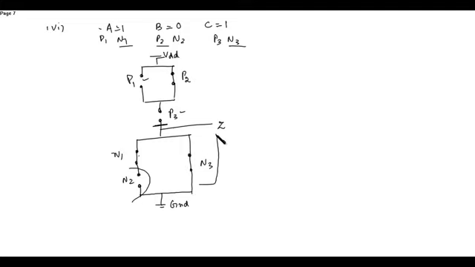So the obtained output will be ground or low voltage or 0. So when A is equal to 1, B is equal to 0, C is equal to 1, output is equal to 0.